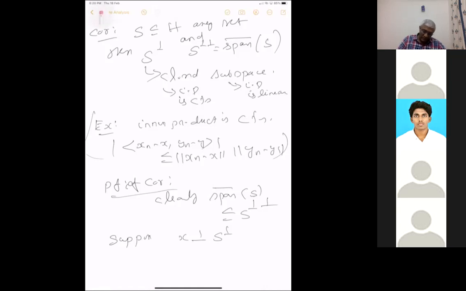I want to prove that S double perp is contained in span closure. Span is a vector space. You take triple perp.